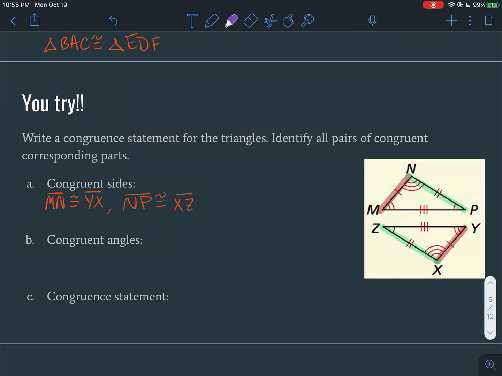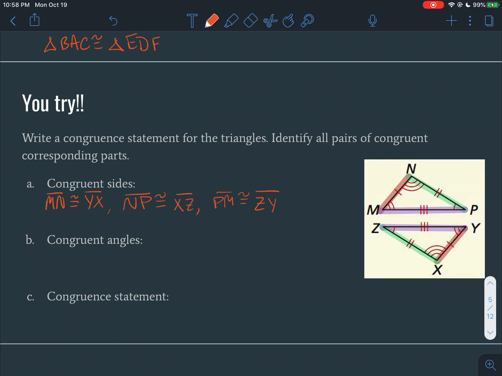And then side PM has 3, so ZY has 3. So I'm just grouping them together by their congruence marks.